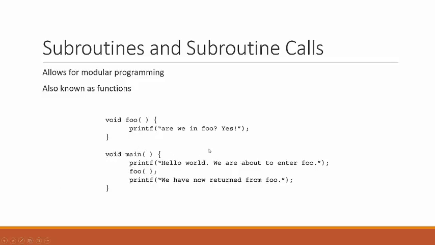Under the main part of the program, and this is actually the main part of the program right here, you declare what part of the program you're in. And really what this is doing is displaying this to the screen. It's printing a little hello world statement that says, hey, we're about to enter this subroutine called foo. And then right here, it invokes the subroutine called foo.